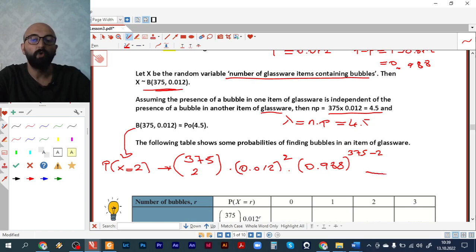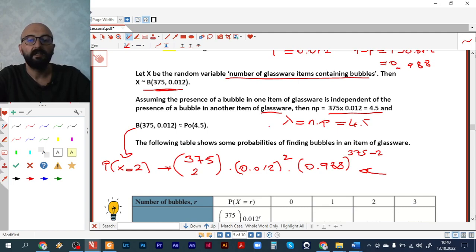But the binomial process is very hard. So we use the Poisson distribution instead of the binomial distribution.